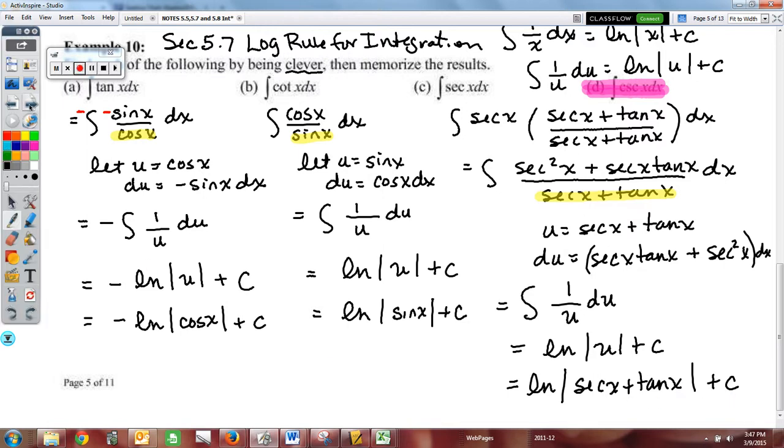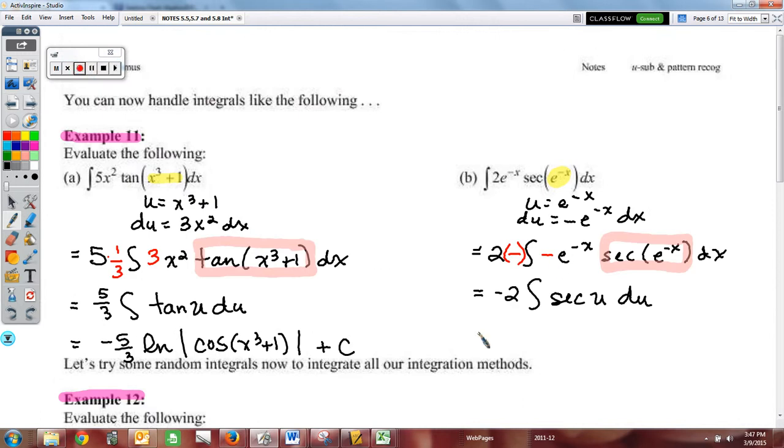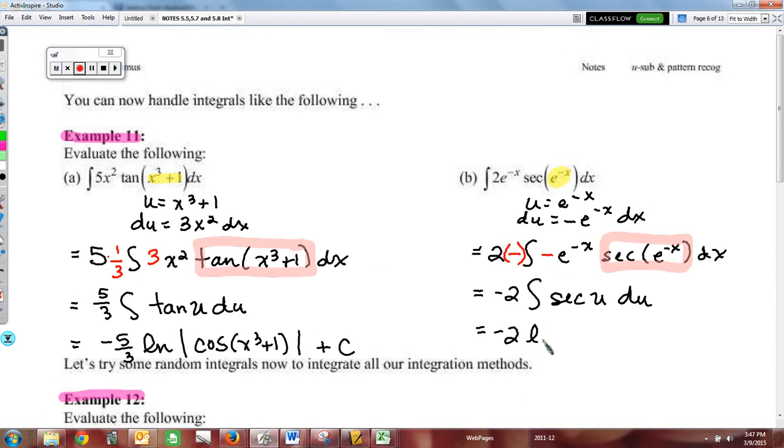So natural log absolute value, bring your negative 2, natural log absolute value secant of u plus tangent of u, and then plus c. Okay, so that shows you some of the applications using those ones that we developed.